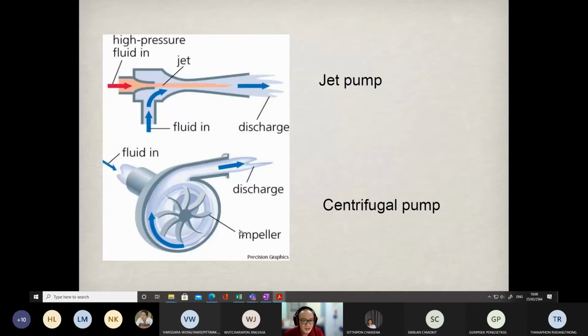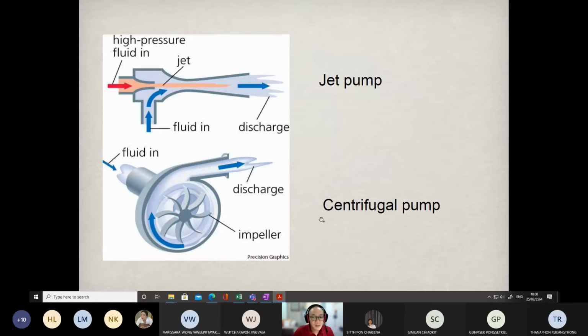As you can see from these 3D pictures, the fluid enters in the axial direction, and the impeller rotates so that the water can discharge in the other direction. So this is how the centrifugal pump works.